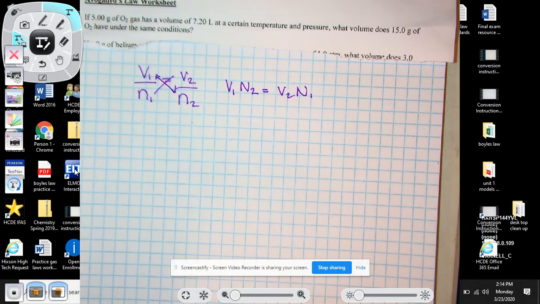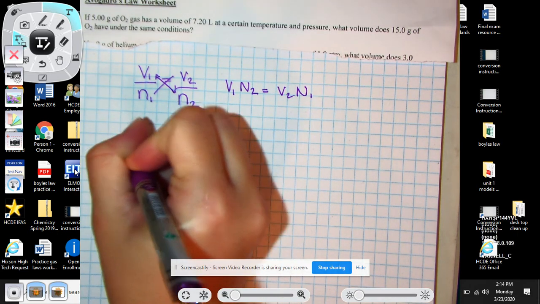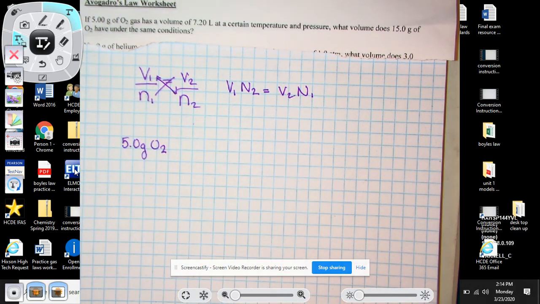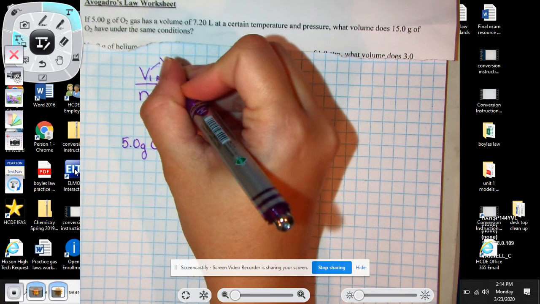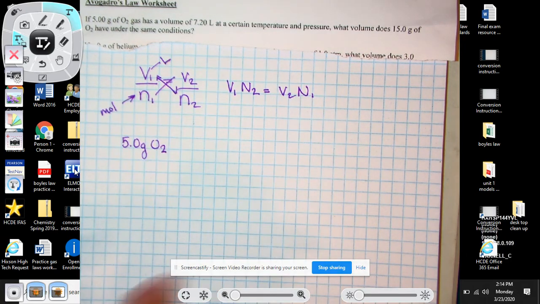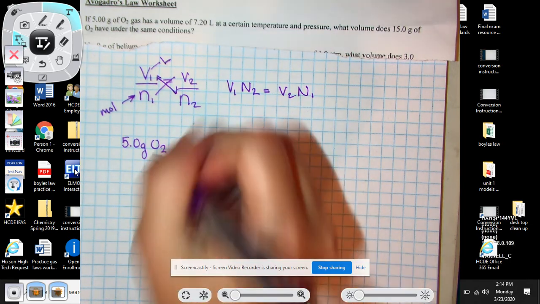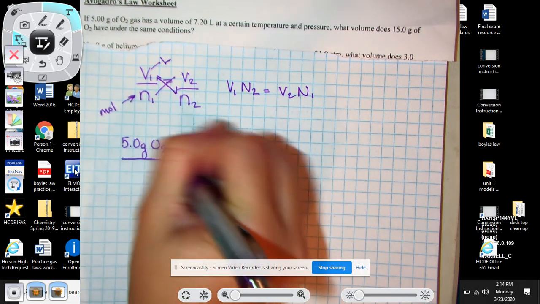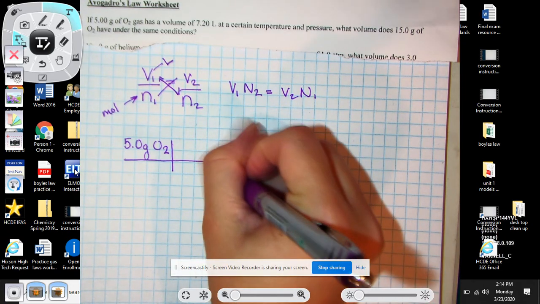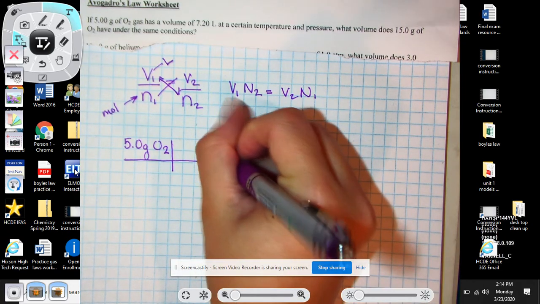You have 5.0 grams of O2. Well, this is dealing with volume in liters, and this is dealing with moles. Grams can eventually turn to moles, so I'm going to go ahead and convert that to moles. So grams are on top, therefore grams of O2 have to go on the bottom, going to moles of O2.